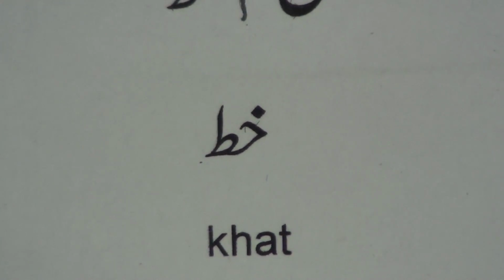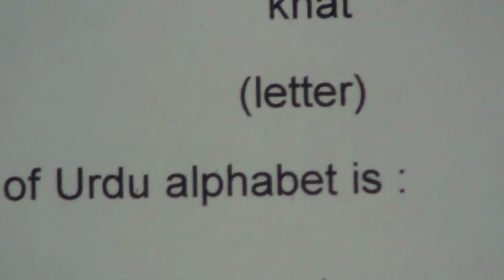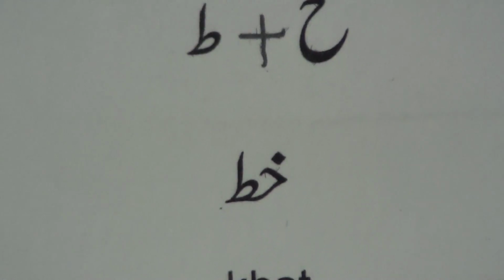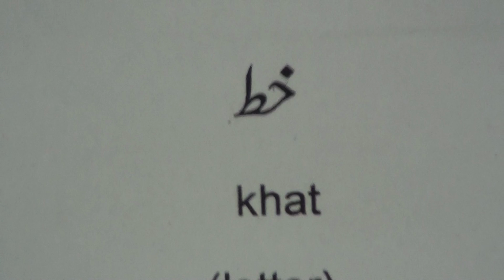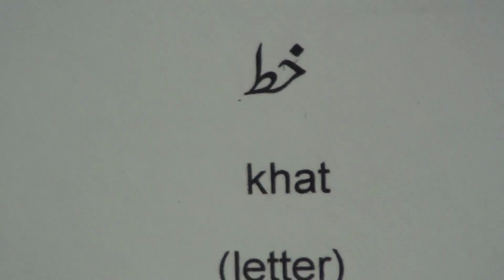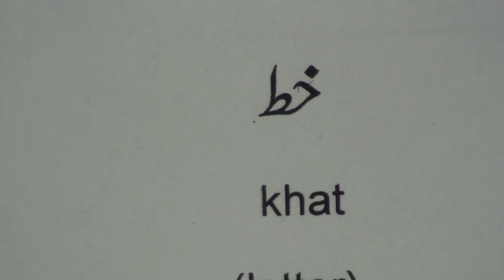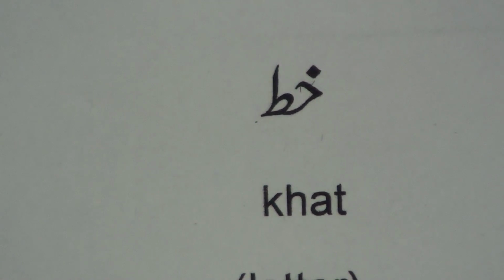You have seen that toy is at the end of the word, but its shape is also not changed. Its shape is the same. Toy never changes its shape, be it at the beginning of a word, in the middle of the word, or at the end of the word.